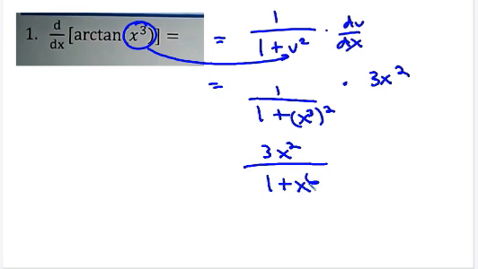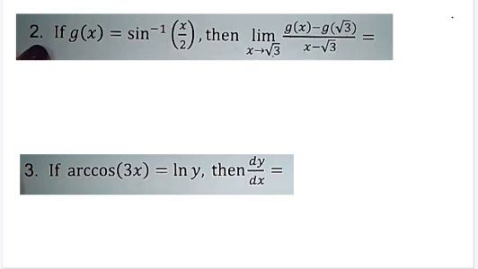Let's look at another problem. This one right here is a very common wording in an AP calculus problem. If g of x is the arcsine of x over 2, then what is this thing? Well, this right here is just the definition of derivative at a point.